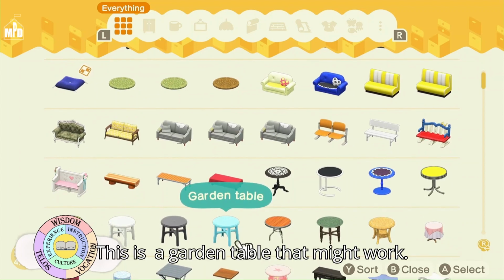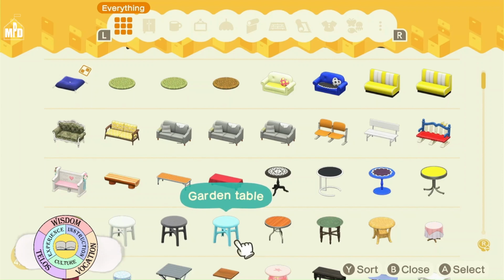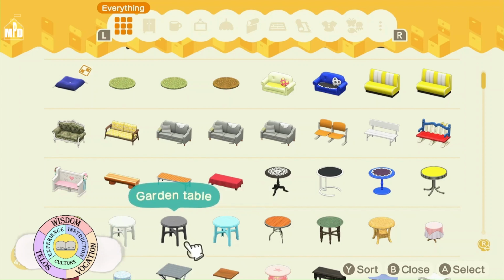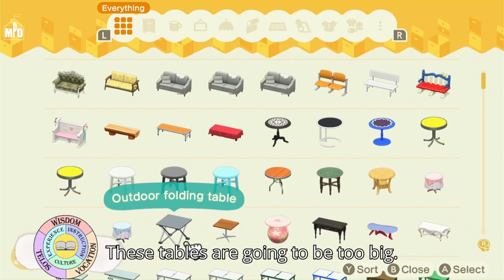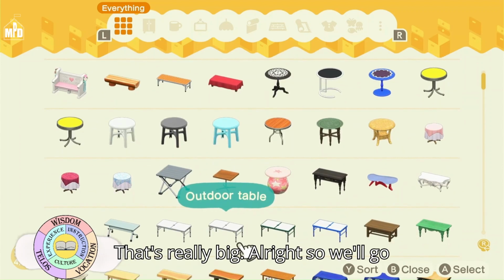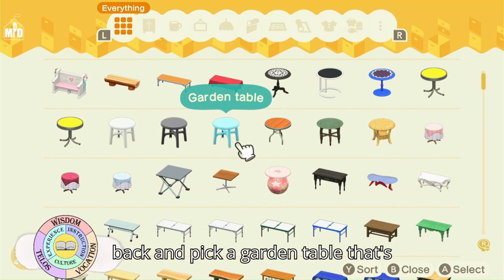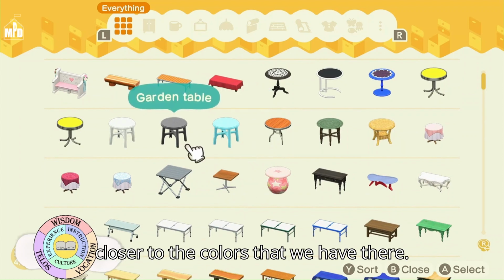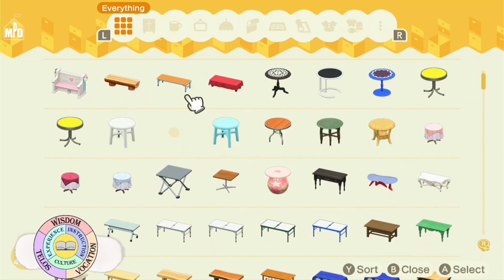It's a garden table. That might work. These tables are going to be too big. That's really big. All right, so we'll go back and pick a garden table that's closer to the colors that we have there.